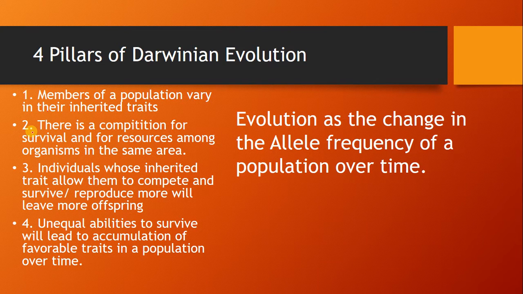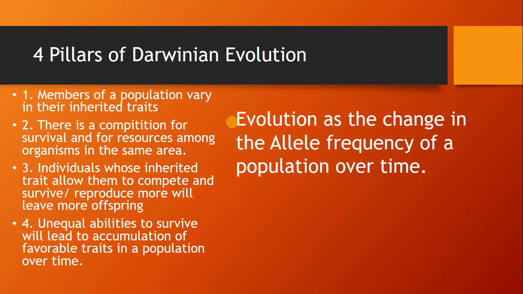And that some individuals will inherently be better able to compete, to survive in their environment, to reproduce, because of those genetic traits and those morphological attributes those traits give them. And so, that unequal ability to survive will lead to more of those beneficial traits being in the gene pool in the next generation. And that is what evolution is.